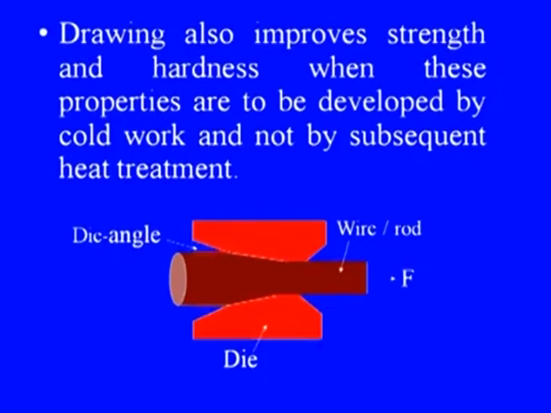This reduces the dimension of the input material and a wire or rod of different dimension is produced. This die angle forms a critical parameter in this process.